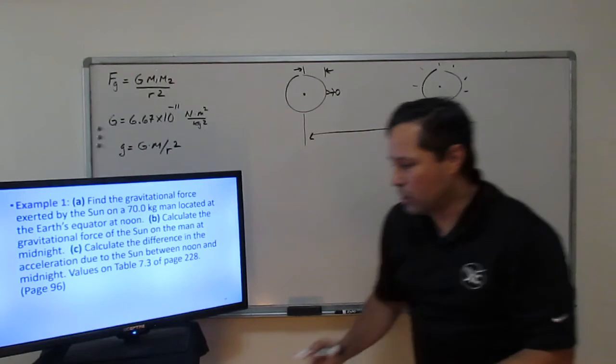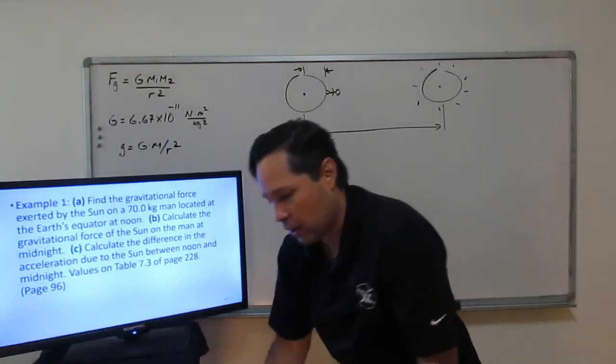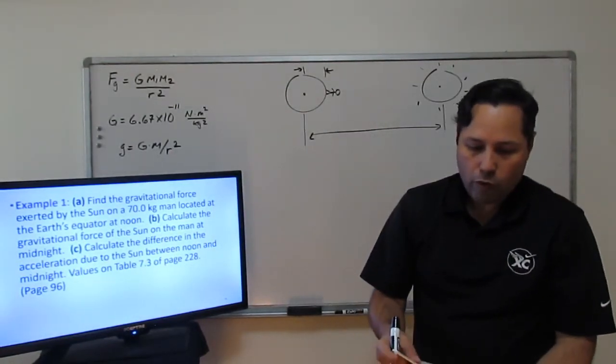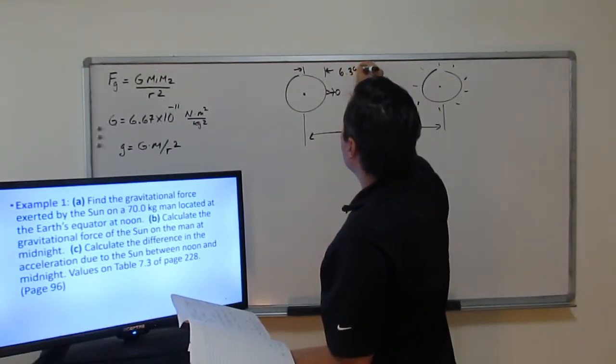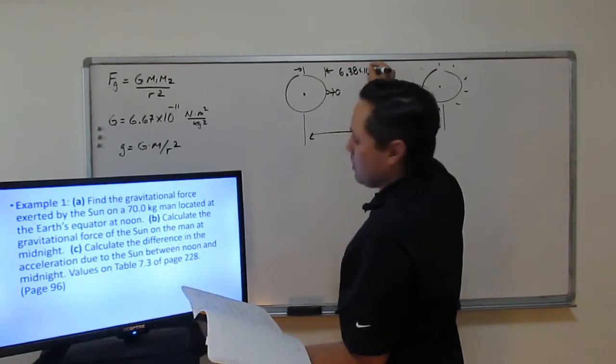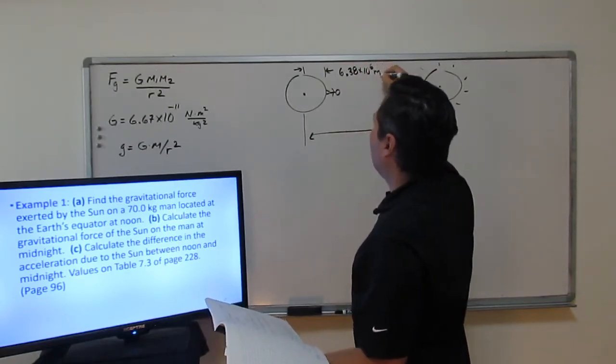Alright, so I do need to take a look at that table to get the values that we need. For example, the radius of our planet, 6.38 times 10 to the 6 meters. That's the radius of our planet.